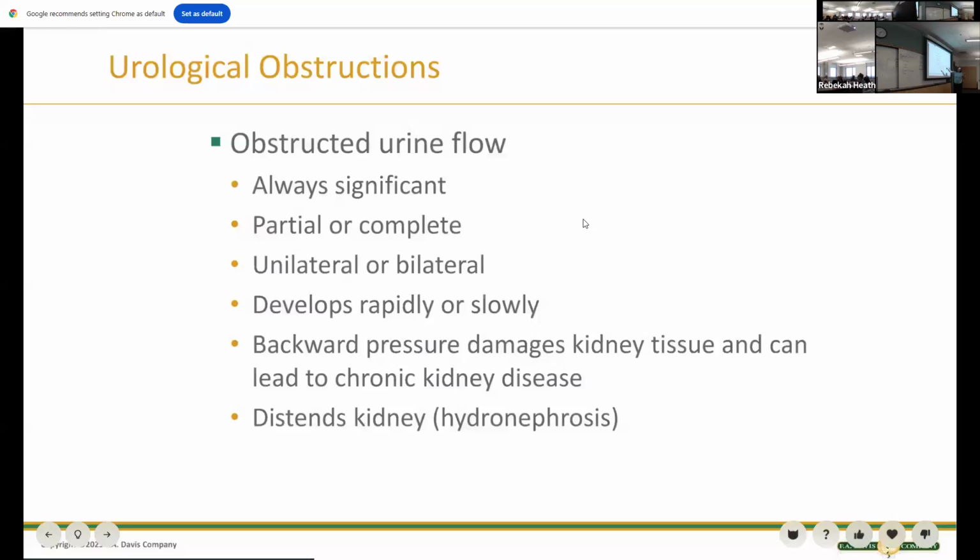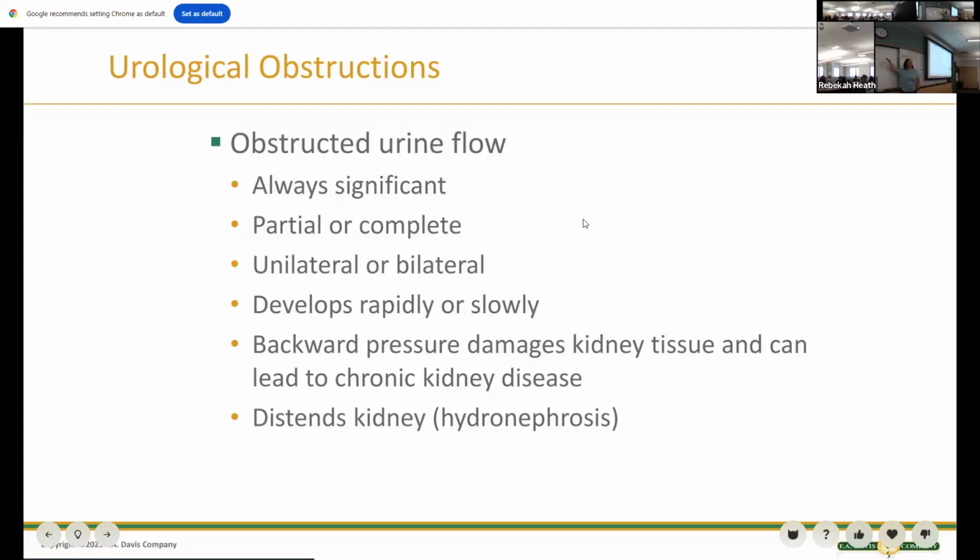It can develop rapidly or slowly, and it just depends what's causing it. That backwards pressure is significant though, because usually the pressure or the flow is going down. It's going from the kidneys down the ureters to the bladder and out. Backwards pressure means that something's blocking somewhere and the pressure is backing up.